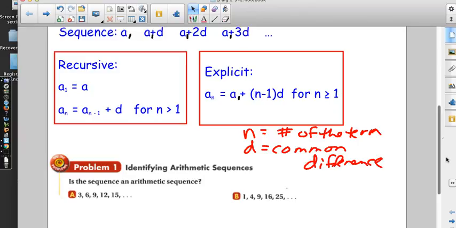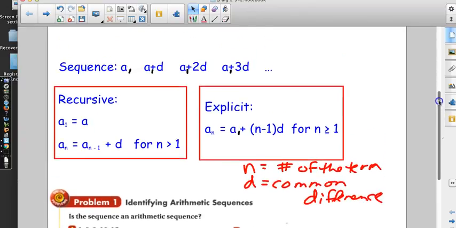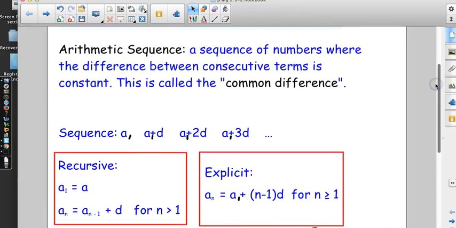Front page of your packet. We just found out what an arithmetic sequence is. So there's our definition right there. That's going to go in the box that says, what's the definition for an arithmetic sequence? And then we have our formulas for recursive and explicit.